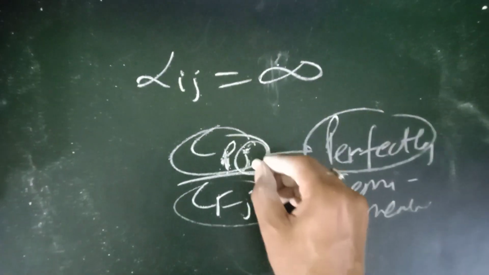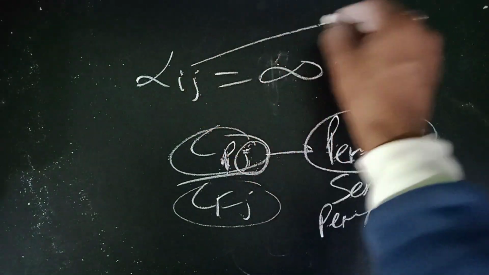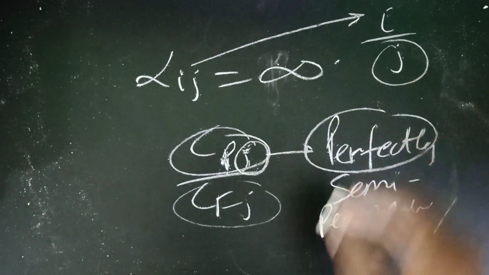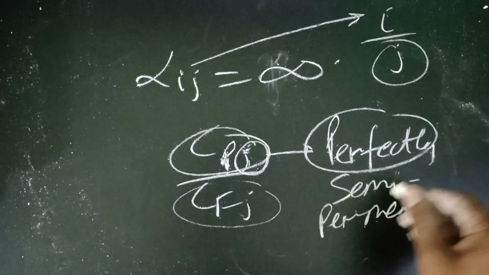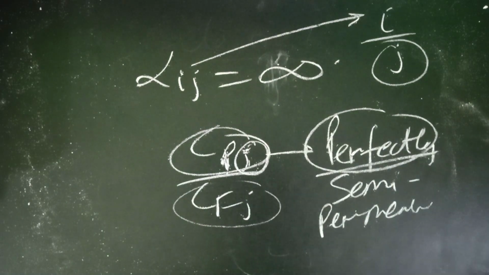Why perfectly? Because alpha ij means I above, J below, and we don't have anything of J in the permeate, so it is perfectly rejected, so the membrane is perfectly semi-permeable.